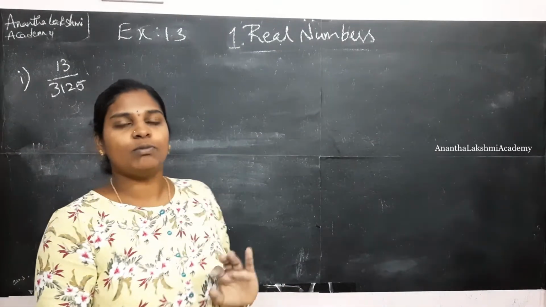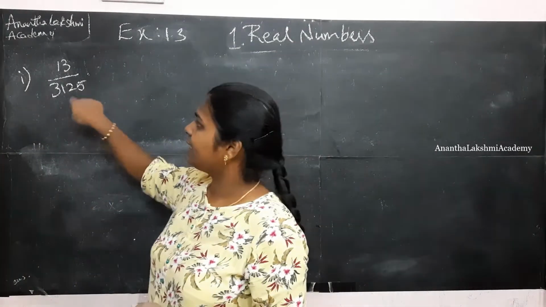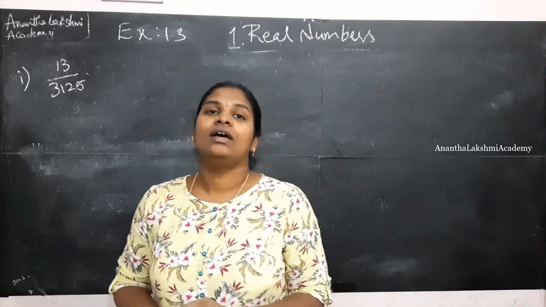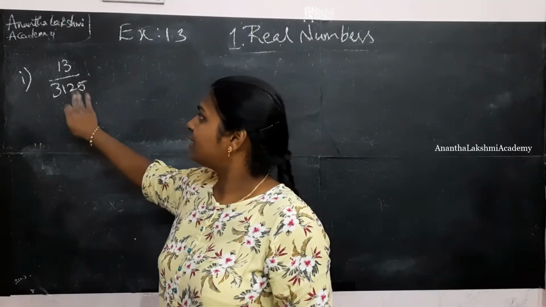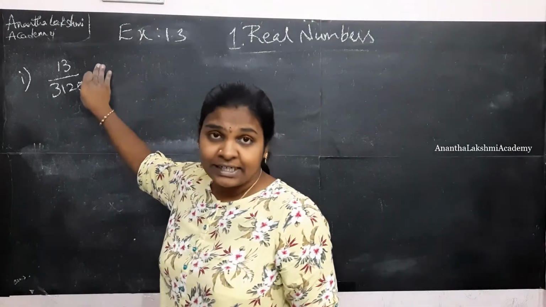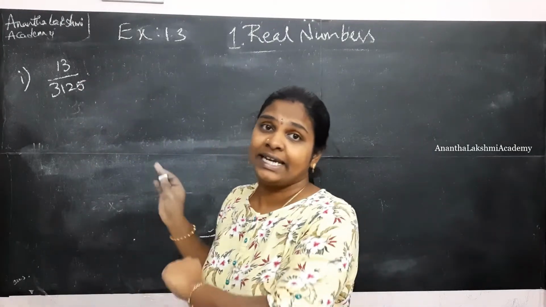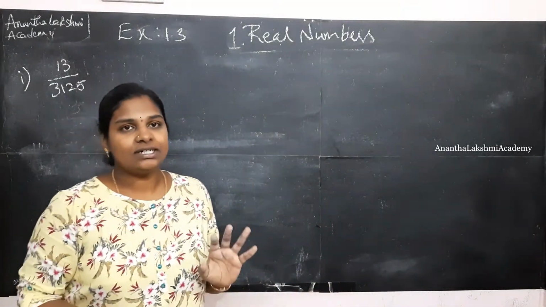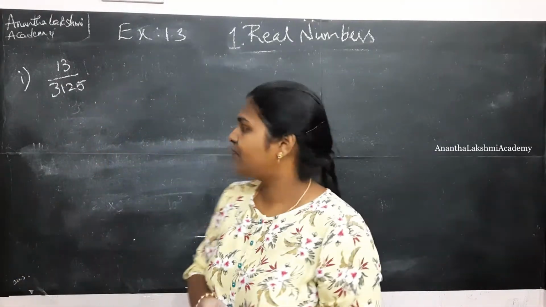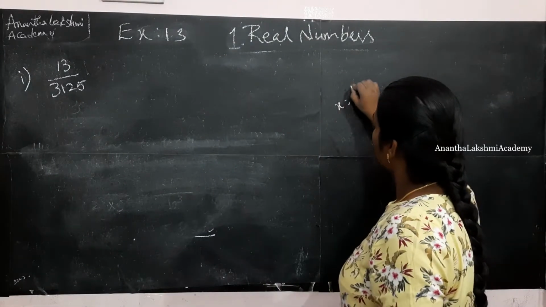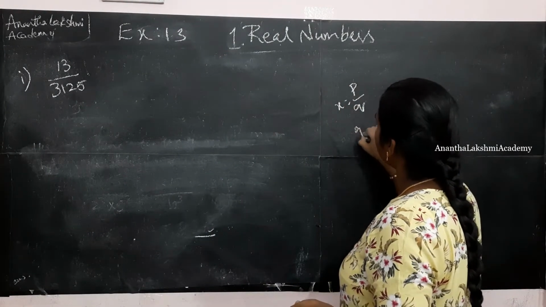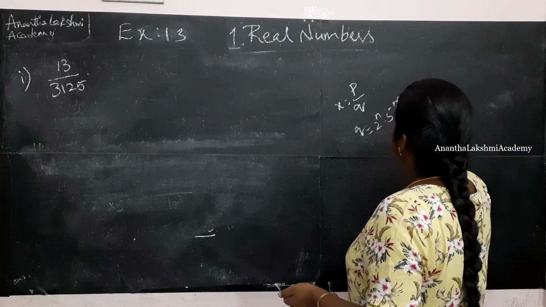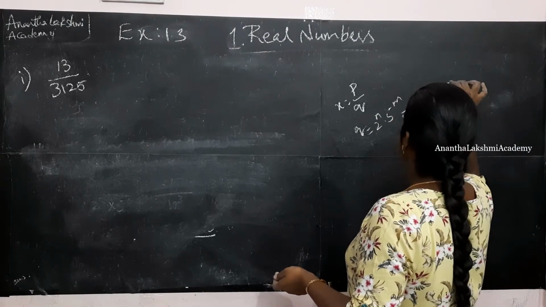Here is problem number 2, in which they are asking to figure out, without performing the actual division, whether this is a terminating decimal or a non-terminating and repeating decimal. We have learned the concept that if x is equal to p by q, where q can be expressed in the form of 2 power n 5 power m, then the decimal expansion terminates.